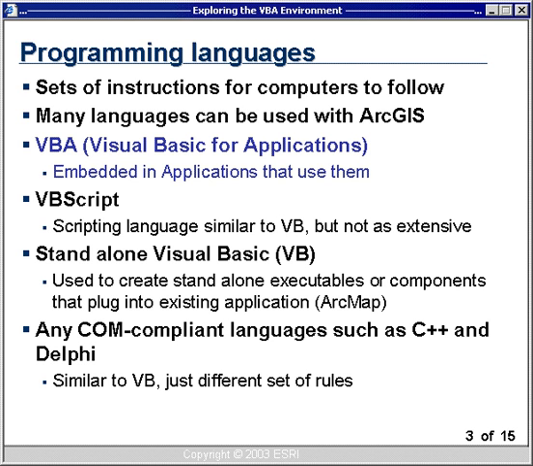VBA, or Visual Basic for Applications, is very nice for a couple reasons. One is that it's automatically embedded in the applications that use it. So when we get ArcMap, VBA automatically comes with it. We don't have to go out and buy separate software to write our programming code. Another reason is that VBA is used commonly in many different applications.